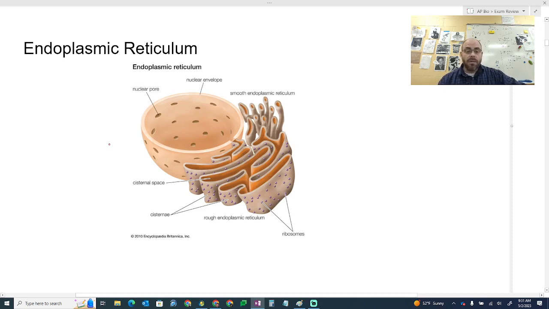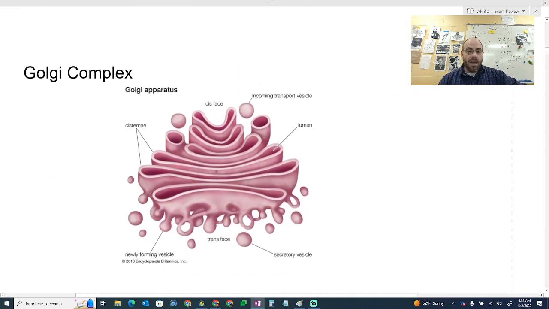So depending on the type of endoplasmic reticulum, it's going to be particular to a cell. The rough ER again is going to be where the ribosomes are making the proteins. They're going to insert those proteins into this area, this lumen of the rough ER, and those proteins are then going to be shipped out of the rough ER toward another location, which we'll talk about next.